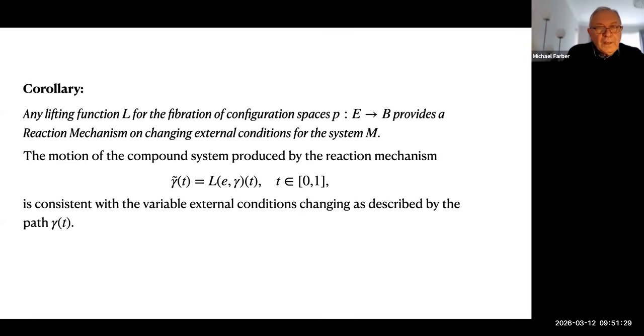And if we have a lifting function, potentially it may be our reaction mechanism. At least it will give us a lifted trajectory, and this lifted trajectory will be consistent with the external conditions of the system.